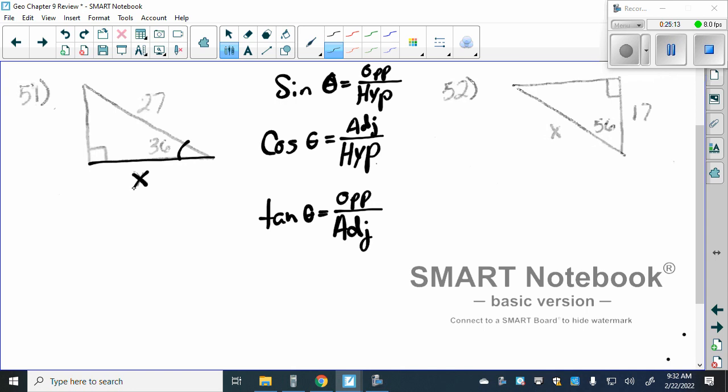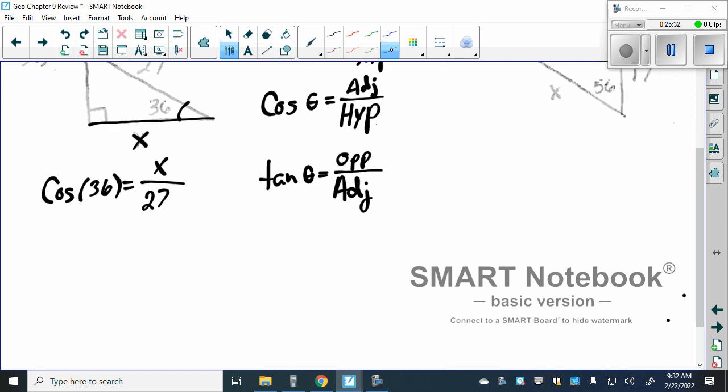So we use sine or cosine? Cosine. So we're saying cosine of 36 degrees is equal to the adjacent side over the hypotenuse. So we multiply both sides by the bottom of the fraction, which would be 27.